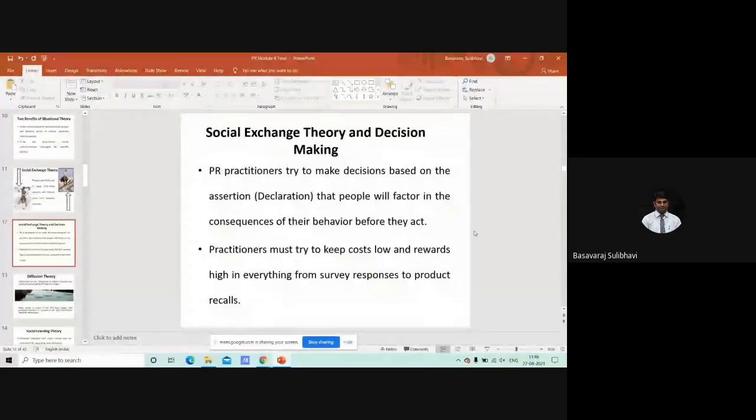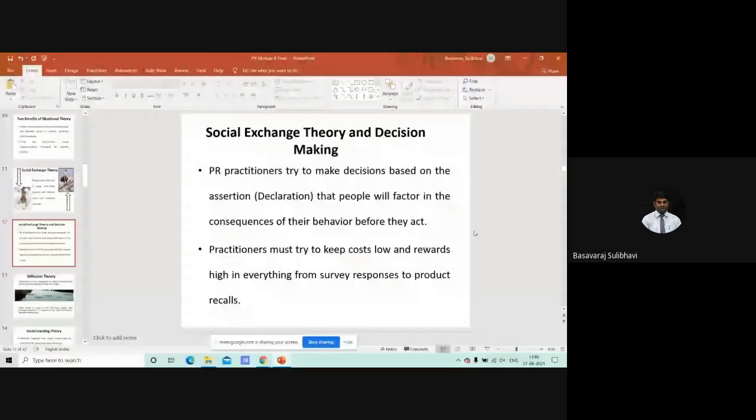Any PR practitioner will try to make a decision based on some declaration, what we call an assertion, about the people, which people will factor in before they take any action.